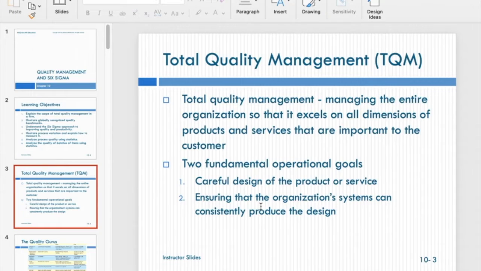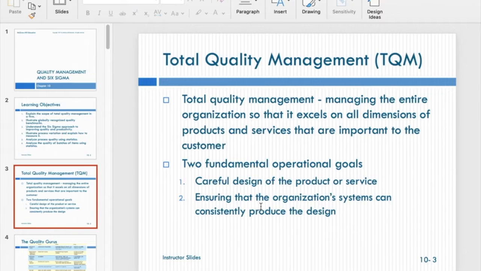The reason we improve quality is to better fit the customer's need. So before we do quality management, we have to understand the customer's need for this product or service in all different dimensions. What is meant by all dimensions?